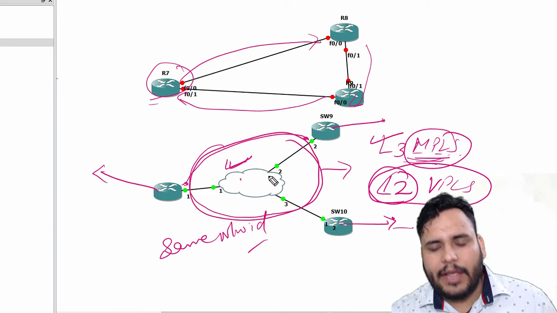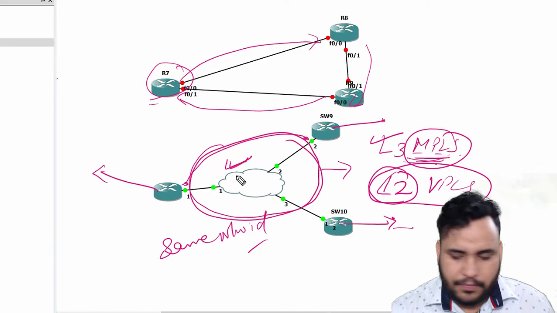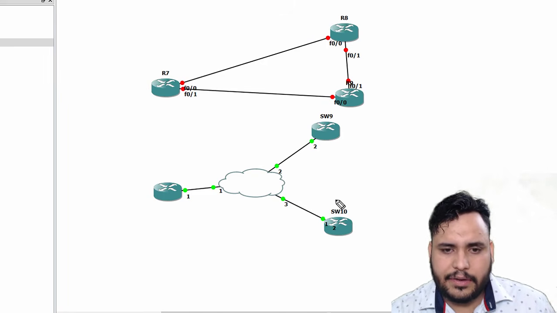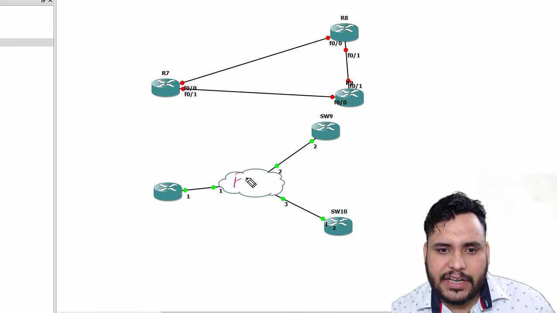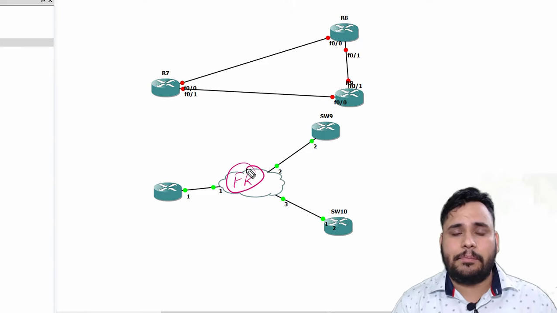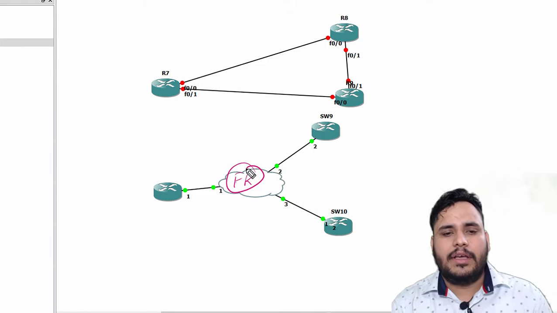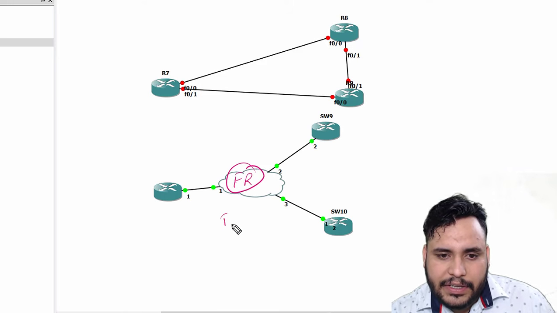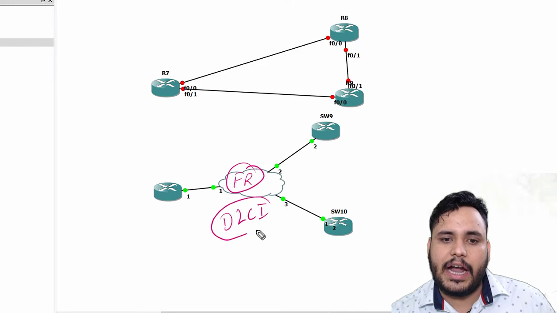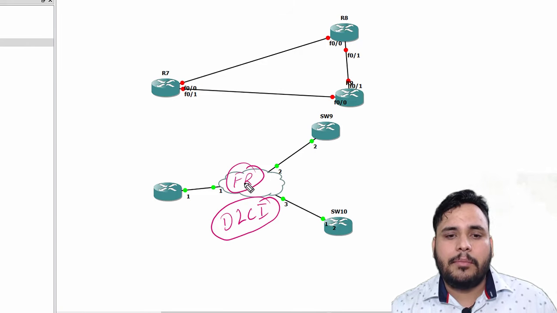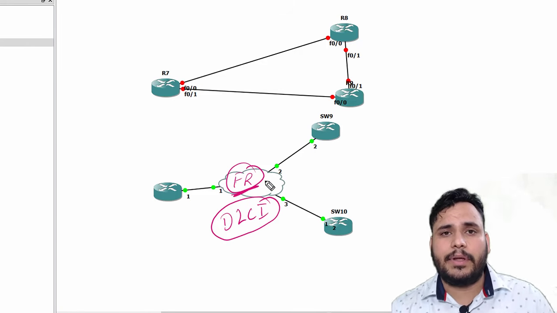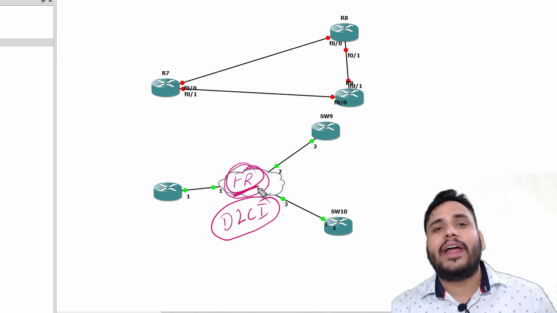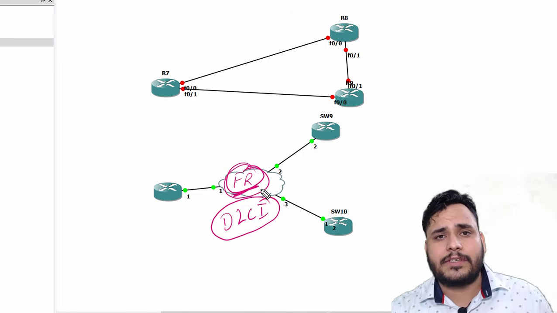Like in frame relay, we all know about it. Frame relay architecture is a packet switched technology. Packet switched technology means it is not connected one to one. It is connected with DLCI information, data link connection identifier. But in frame relay there is a small problem: you are not able to get direct bandwidth from your service provider.